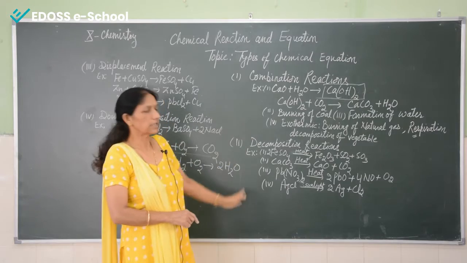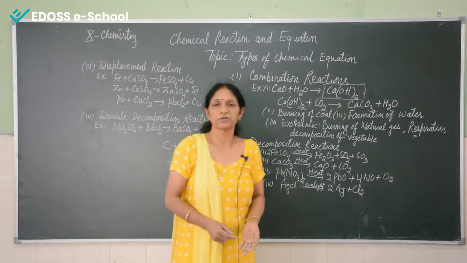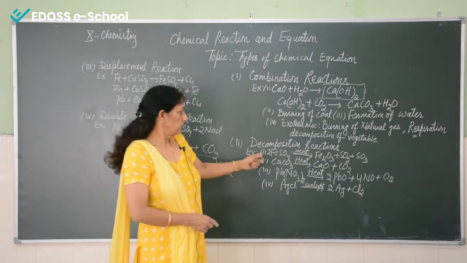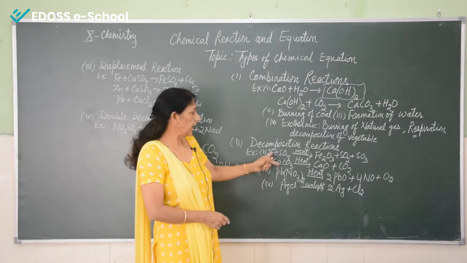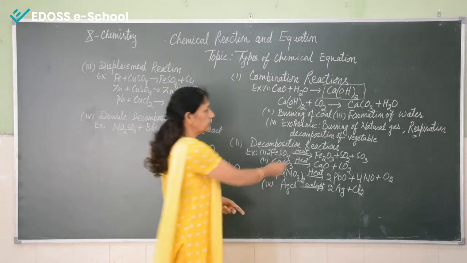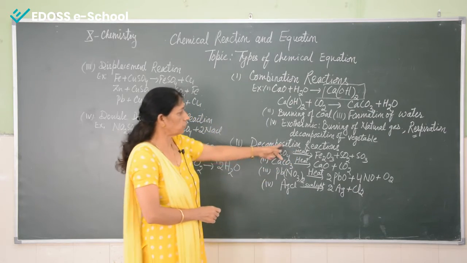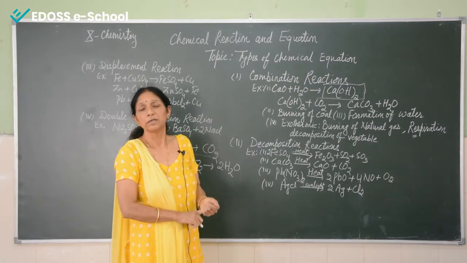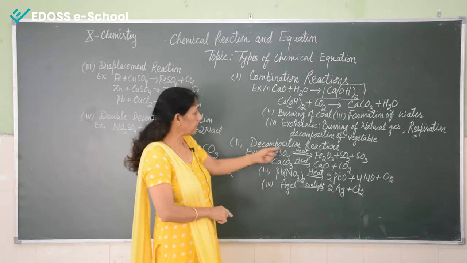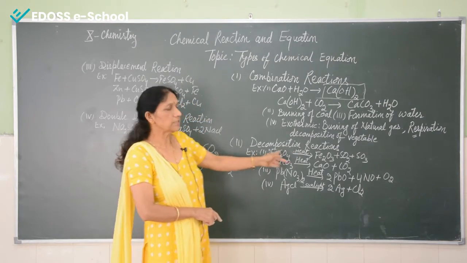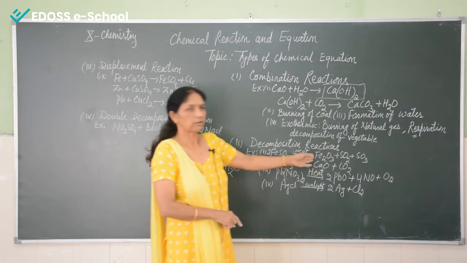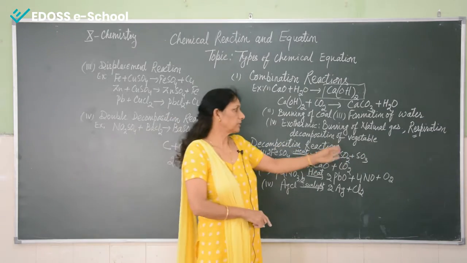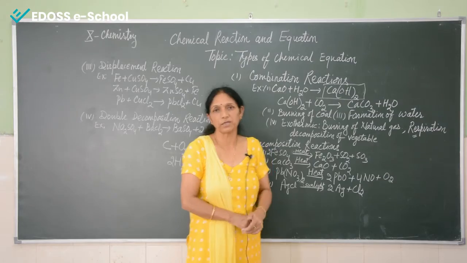Here we can see examples of decomposition reactions. This is ferrous sulfate, and whenever we heat it, decomposition takes place. When ferrous sulfate is heated, so many products are formed, like ferric oxide, sulfur dioxide, and sulfur trioxide.